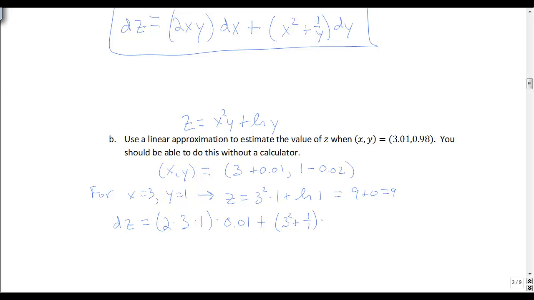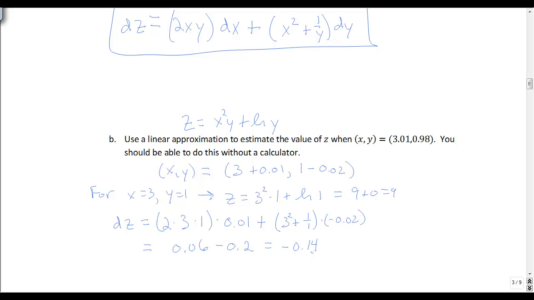And then dy is how much we added to y, which is negative 0.02. Now we can calculate this out. We get 6 times 0.01, that's 0.06, plus 9 plus 1, that's 10, times negative 0.02, that's minus 0.2. So this is negative 0.14.